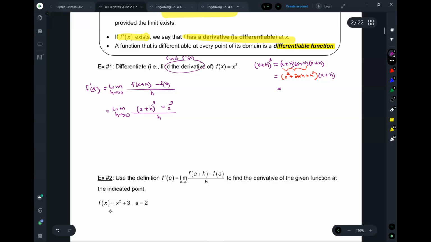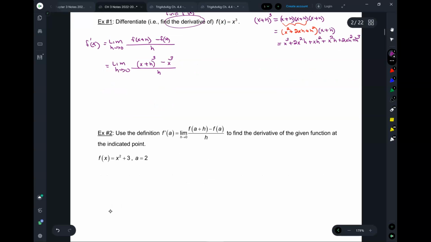Okay, so distribute: x cubed plus 2x squared h plus xh squared plus x squared h, 2xh squared, h cubed. So let's put that in here. There's going to be some like terms to combine.